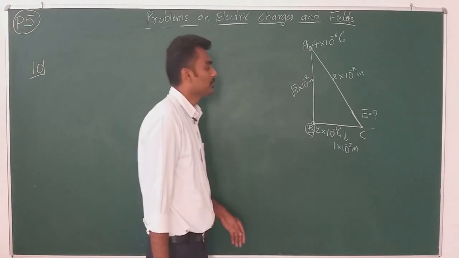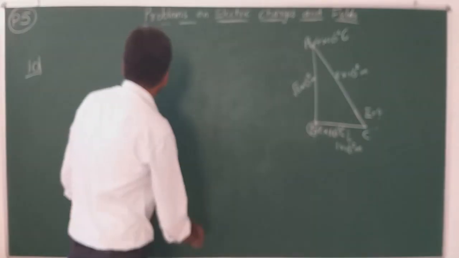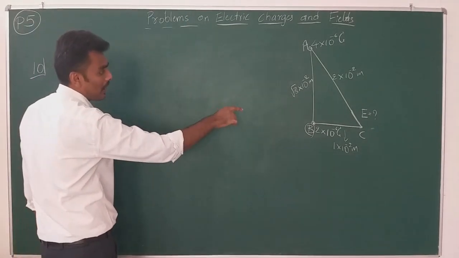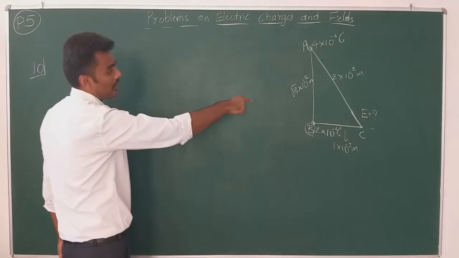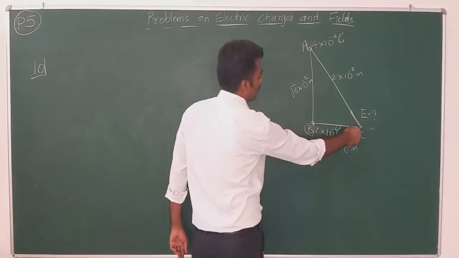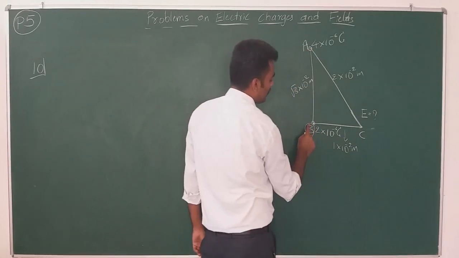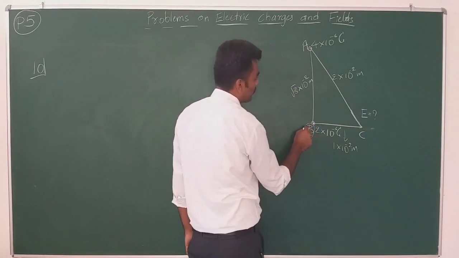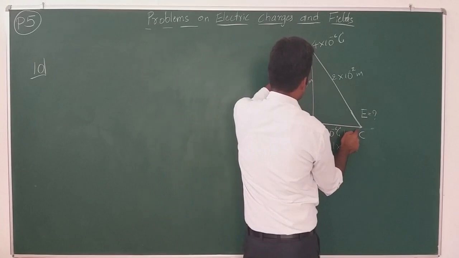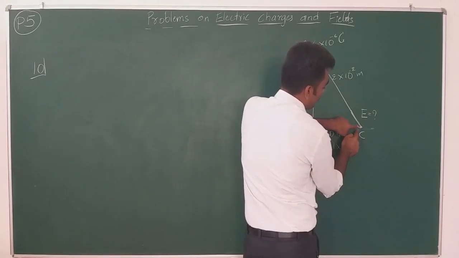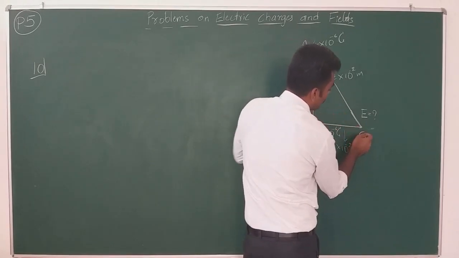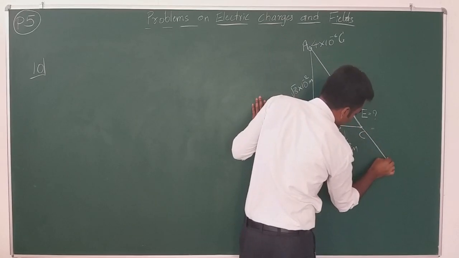How to find it? We all know that at point C there are 2 electric fields acting, one due to the charge at A and the other due to the charge at B. Due to charge A, the direction of the electric field at point C is like this.